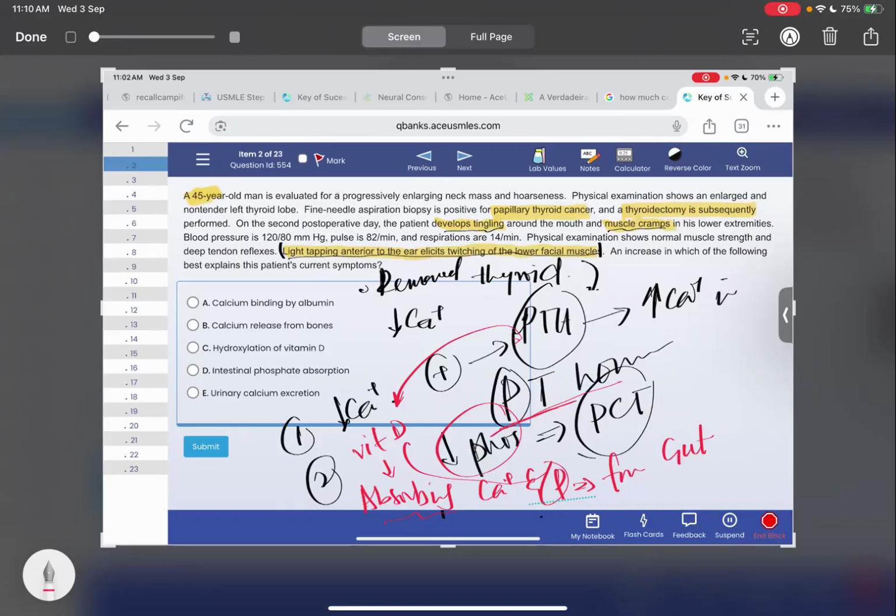Are you guys getting my point? Phosphates, or phosphorus.